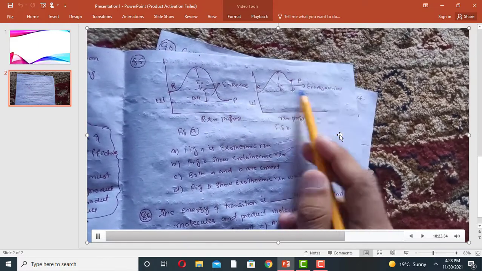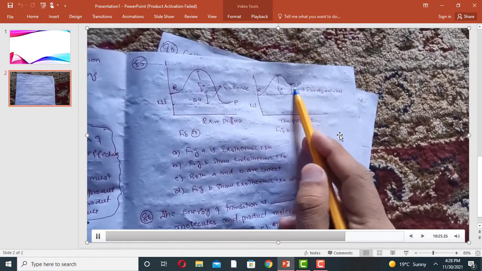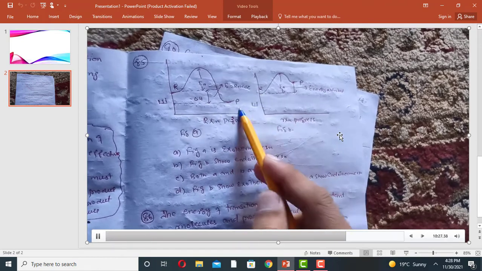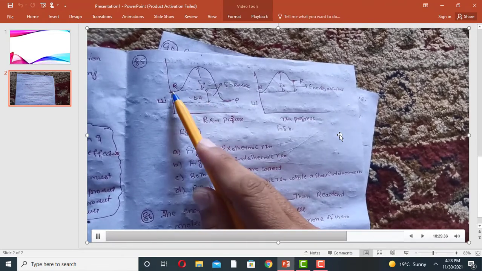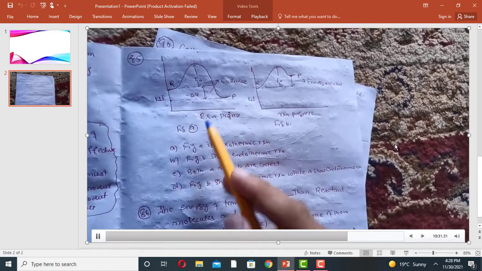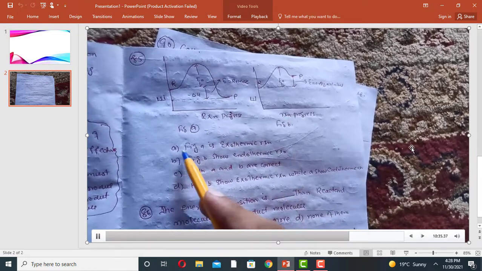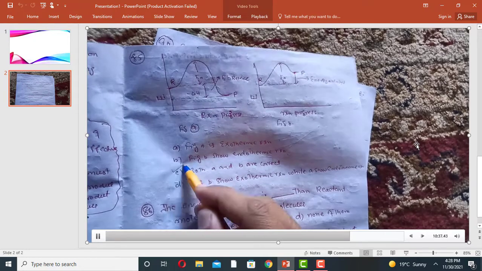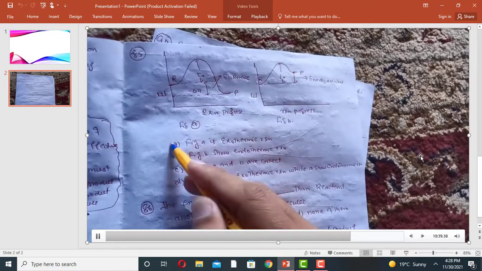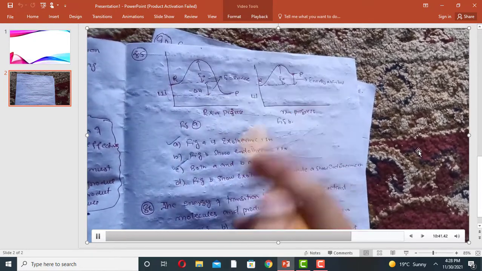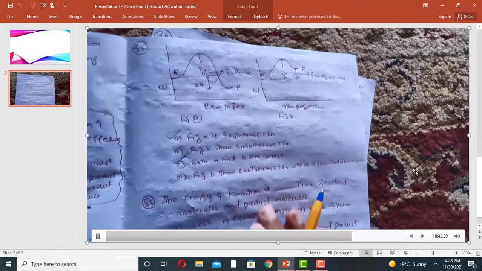Here energy is absorbed. In one, the energy of the product is larger than the energy of the reactant, which shows the endothermic reaction. Here the energy of the product is less than the energy of the reactant, so this is the exothermic reaction. So both A and B are the correct option.